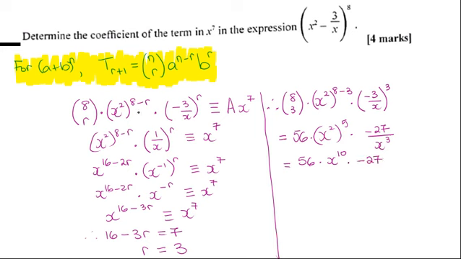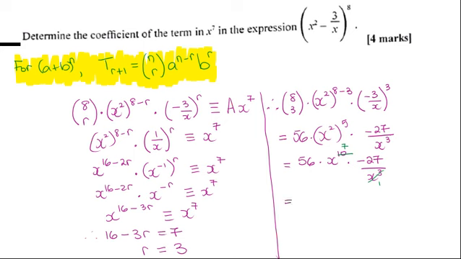And you can clearly see here now, using indices rules again, that you would get an x to the 7, because division, same base, you subtract the powers. So 10 minus 3, and we get our x to the 7th term.